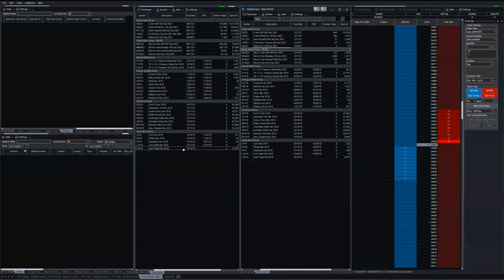So lead me through the process. How do I find the symbol for the tradable contract? Let's start with the 5-year. What do I have to do? All right, bar chart, check the front month, perfect, right?